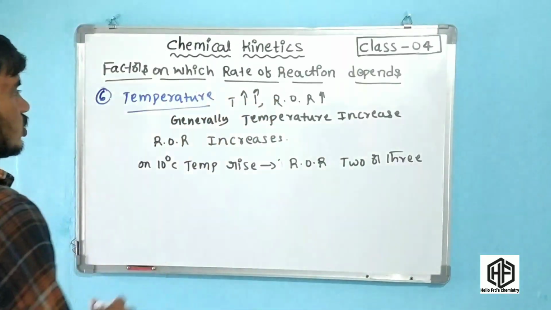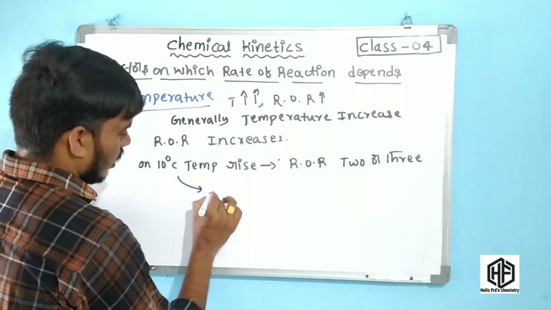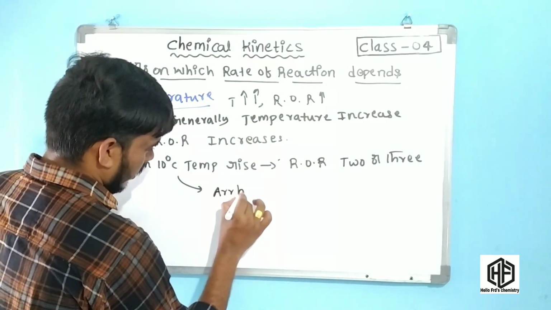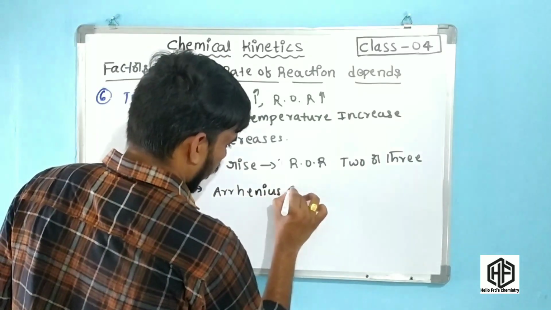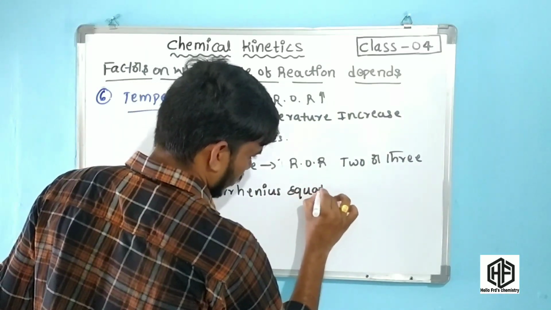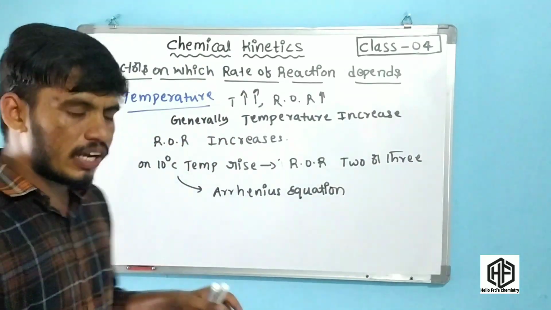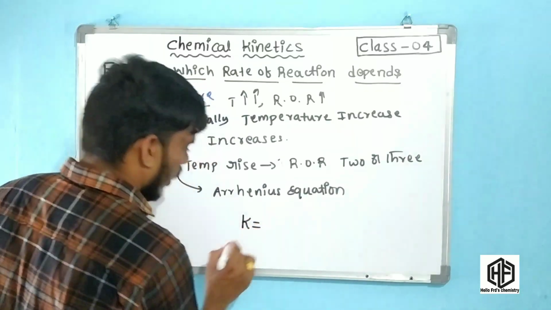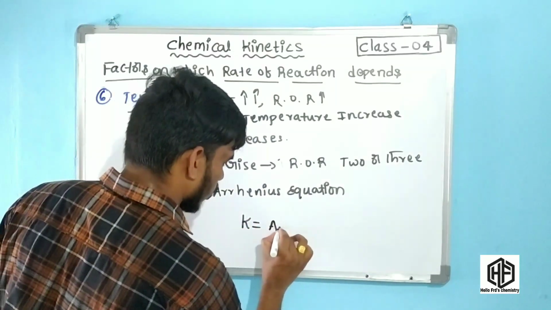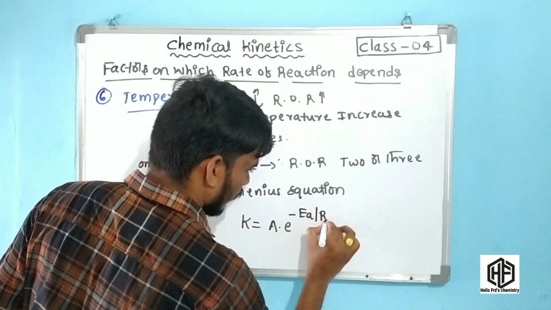This concept of temperature is explained by the Arrhenius equation. I will explain the Arrhenius equation briefly in my next video. The Arrhenius equation is K equals A times e to the power of minus Ea by RT.